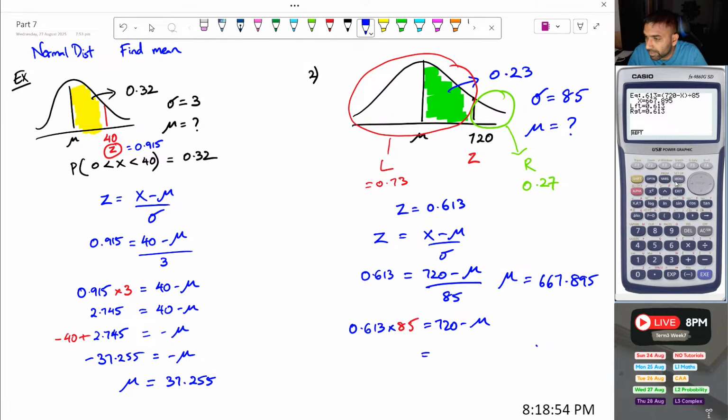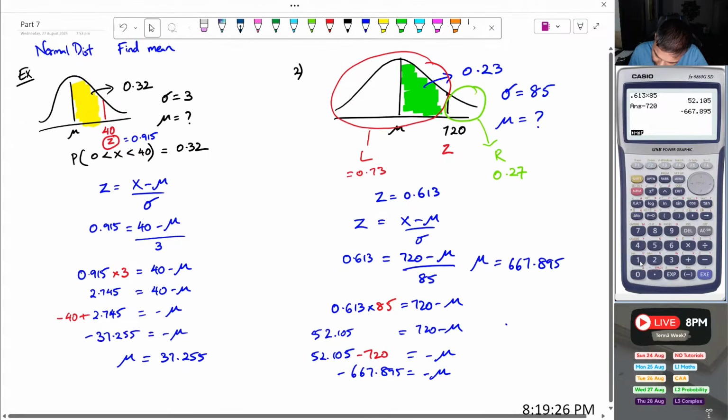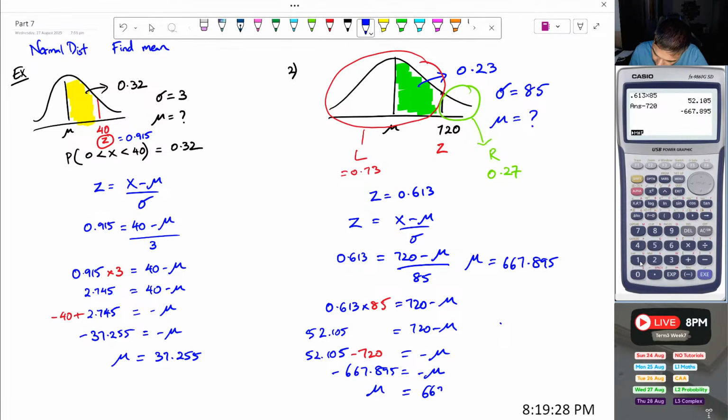So what am I going to get here? 0.613 times 85 is going to give me 52.105. 720 take away the mean, so negative mu is equal to 52.105 minus 720, and that's going to give me a negative, so negative 667.895 is negative mu. So then the mean is equal to 667.895.